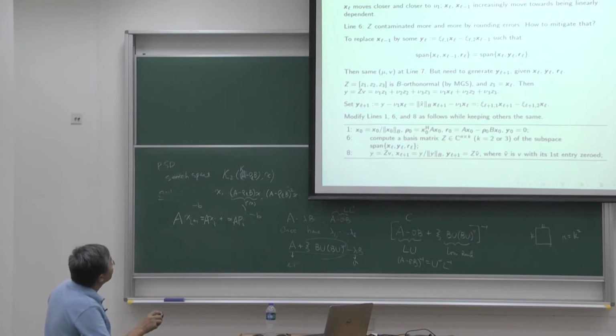We call it y_l. Then the span of these three vectors is going to be the same as span of x_l, y_l, r_l. Let's see how we do that.